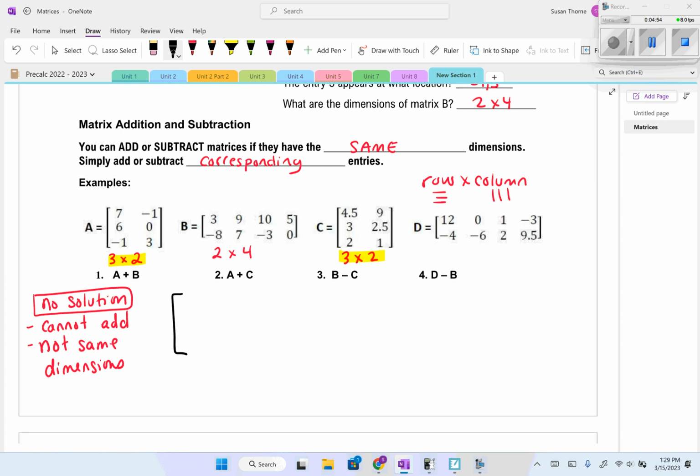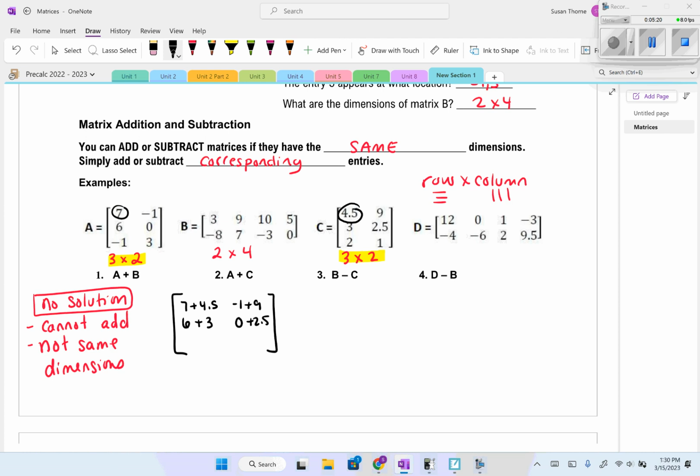So if we look, this first entry, which is row 1, column 1, we would just add 7 plus 4.5. The next one, if we go to row 1, column 2, negative 1 plus 9. And then row 2, column 1 is 6 plus 3. Row 2, column 2 would be 0 plus 2.5.